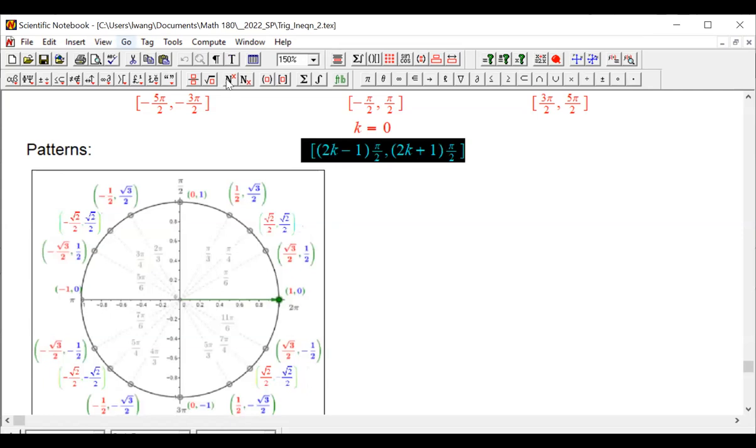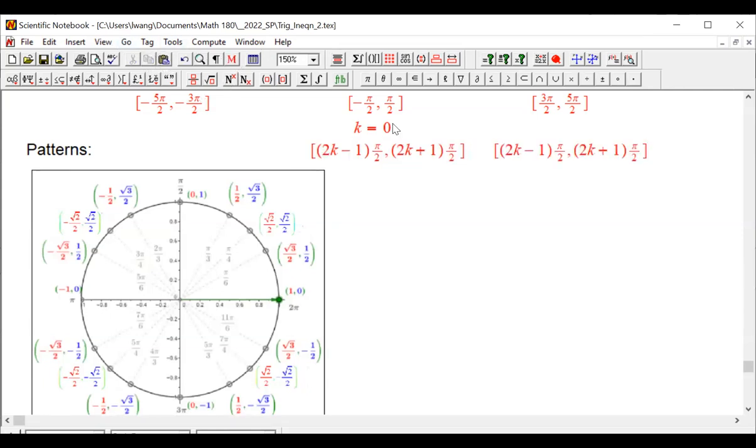I'm going to take the same pattern and move it over here to see if it works for k equals 1. Okay, if k equals 1, that's going to be 2 times 1. That's going to be pi over 2. We need a 3 pi over 2.